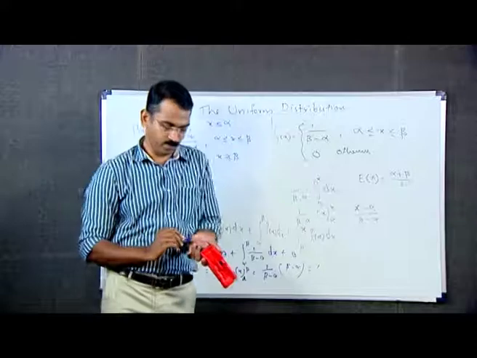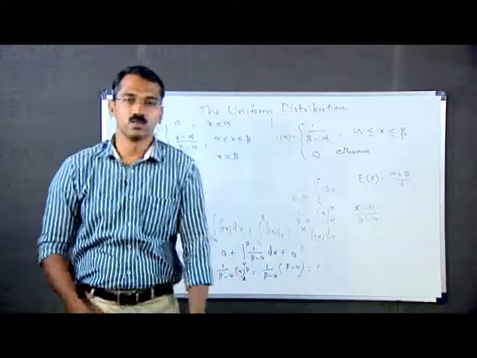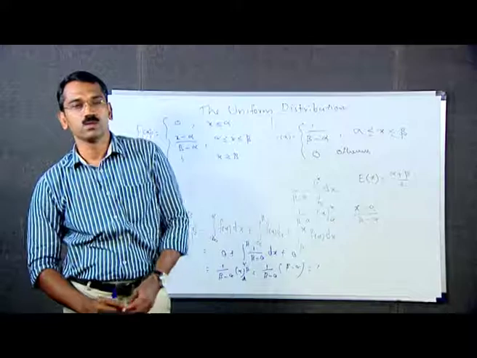This is the cumulative distribution function of the uniform distribution.